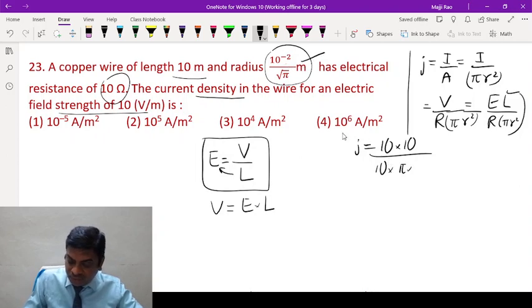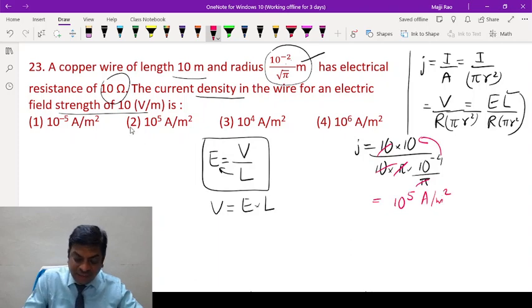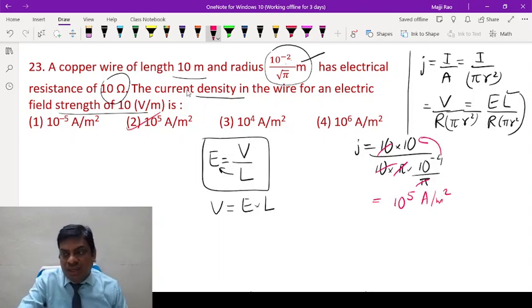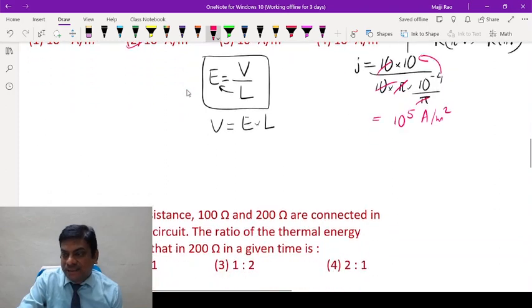When you square it, 10 power minus 2 becomes 10 power minus 4, and root pi becomes pi. So pi gets cancelled here. 10 gets cancelled here. 10 power minus 4 goes up, becomes 10 power plus 4. So 4 plus 1 is 5. So 10 power 5 in SI unit. The SI unit is ampere per meter square. So we have the second option.